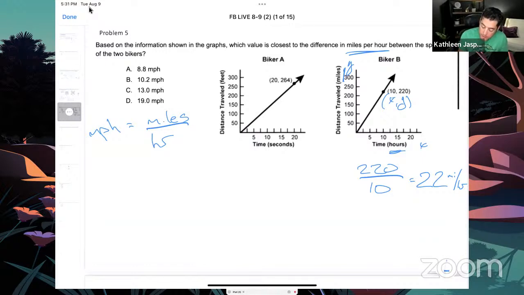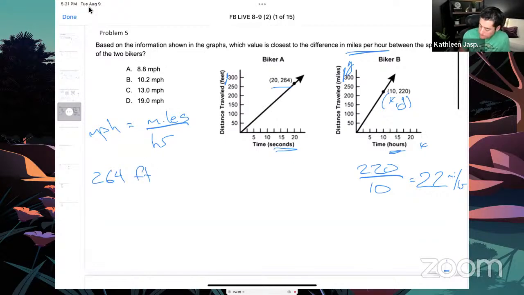Here is my point. This time it's feet over seconds. So now we're going to have to kind of figure this out and convert it. Same concept: I need feet over seconds because it's our distance over time. So I'll do 264 feet.